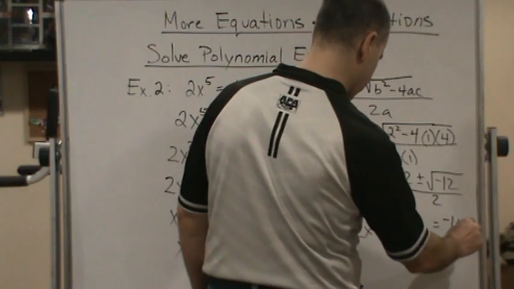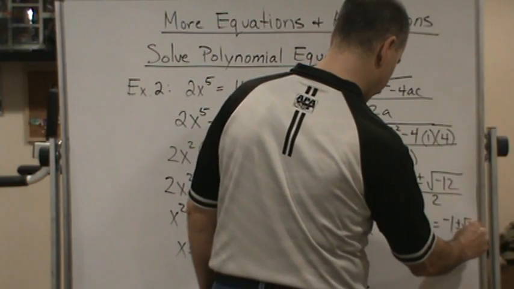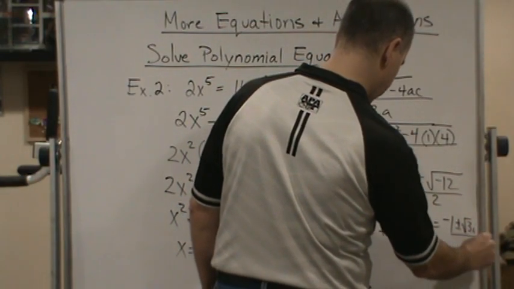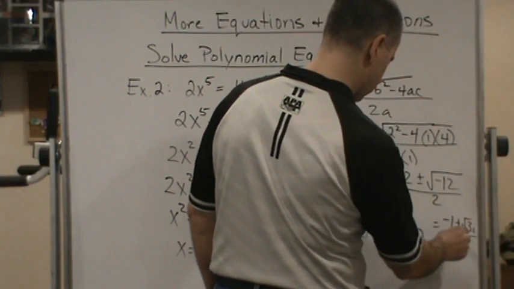So it's going to give us a square root of 3i here over, yeah, that's it.